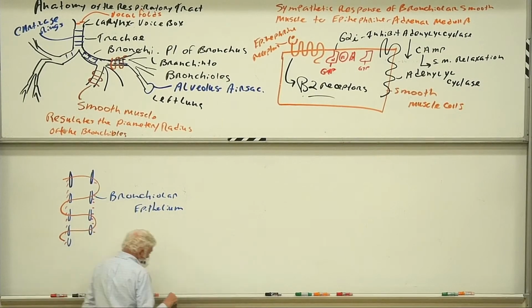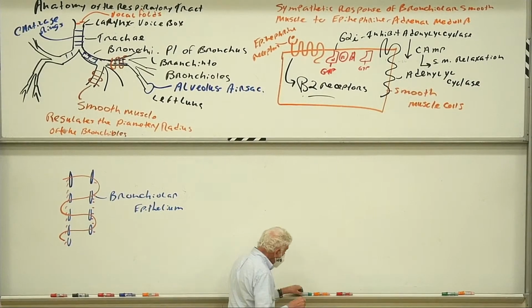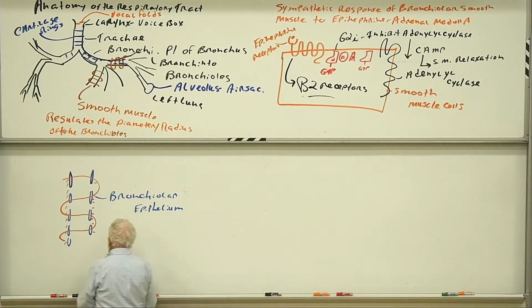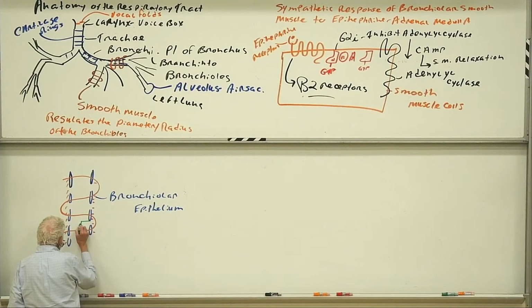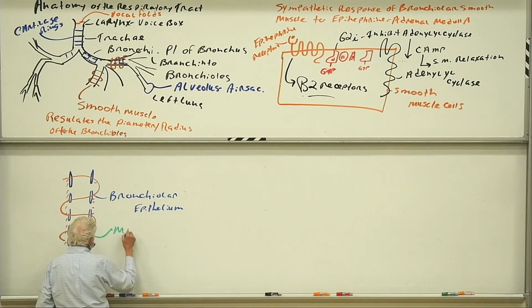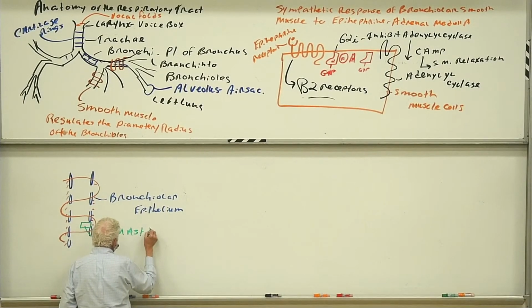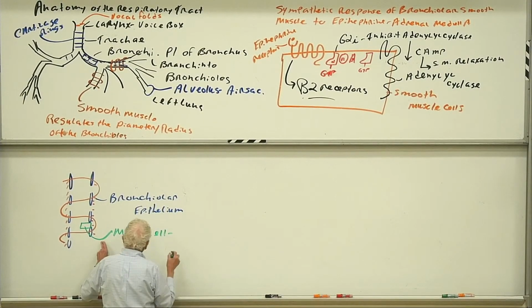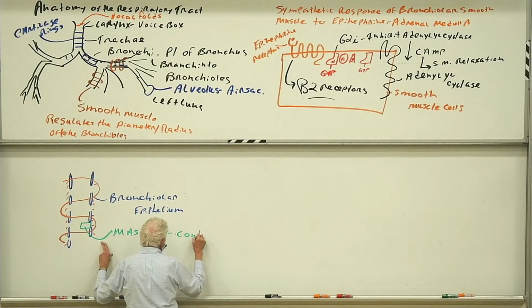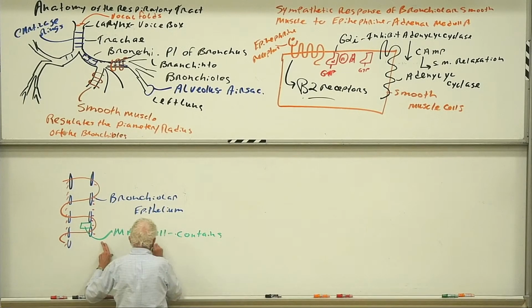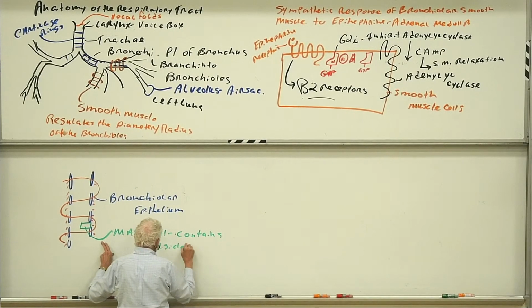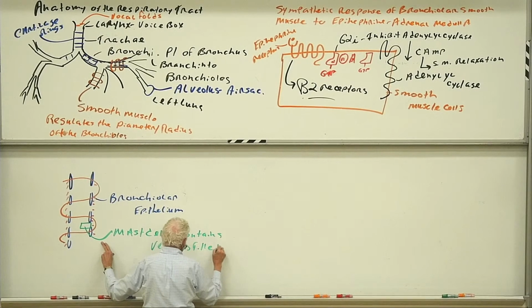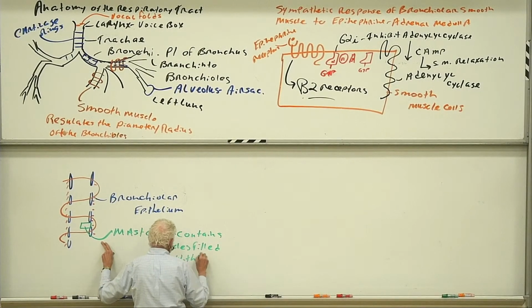Now, occasionally, among these epithelial cells, there's going to be another cell type. This cell type is called a mast cell. If we look closely at the mast cell, it contains vesicles filled with histamine.